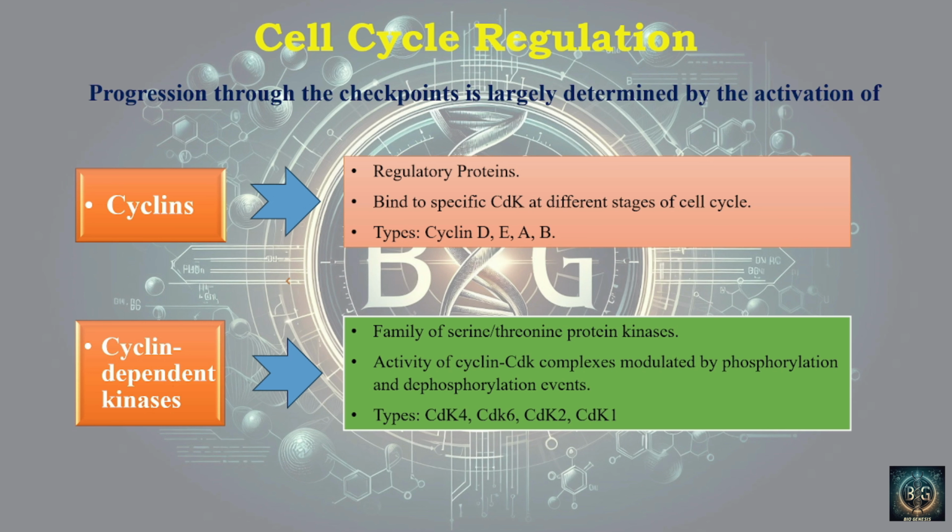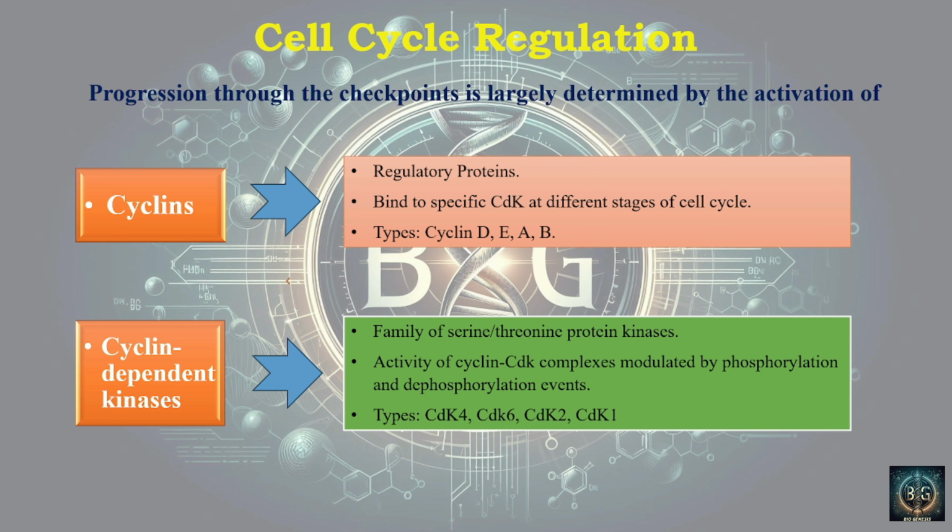That means every protein is made up of different types of amino acids, and this serine or threonine protein kinase acts by transfer of phosphate group from ATP to particularly serine or threonine amino acids of the protein.